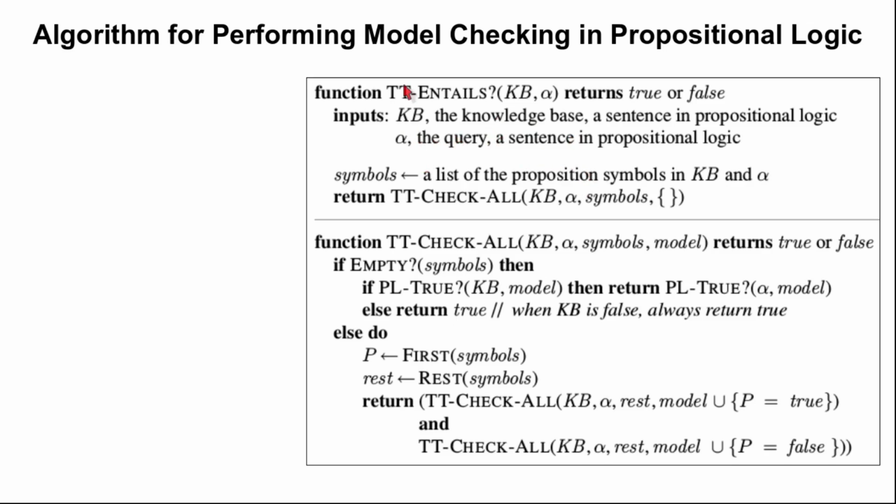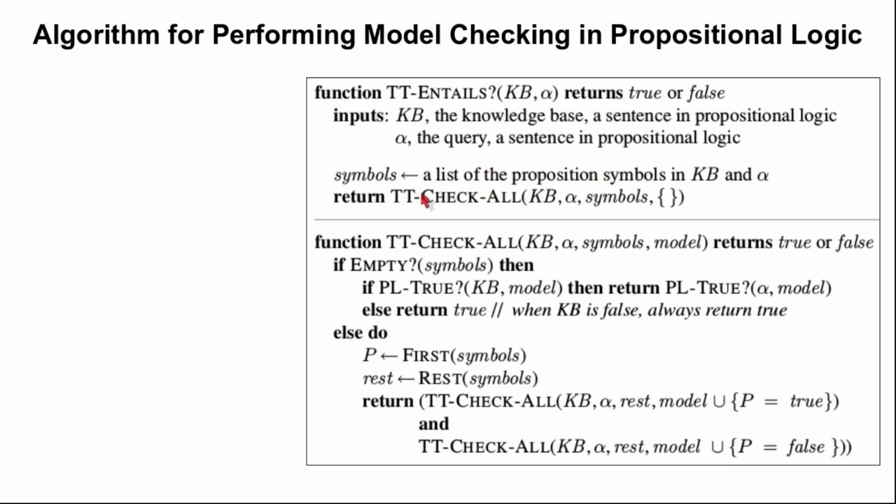Now what this function does is it creates the list of proposition symbols from the knowledge base and the sentence alpha. If you remember in our example, we had 7 proposition symbols. So that list of proposition symbols is created in this line of the pseudocode.